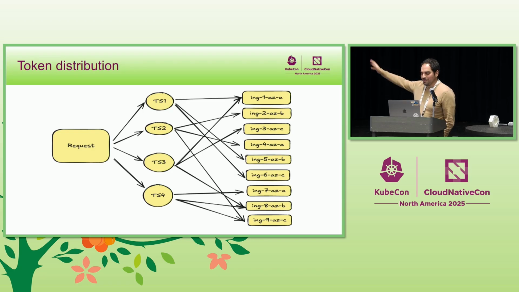And this creates a mesh, with each one going to 3 random ingesters, which works fine for us. But the problem comes when we have 2 ingesters down, for example. If 2 ingesters are down and one time series is going to those ingesters, we basically have a failed request. Even though it's just one time series inside the request that's failing, we have to reply with a failed request because we can't confirm that 2 out of 3 have that information.